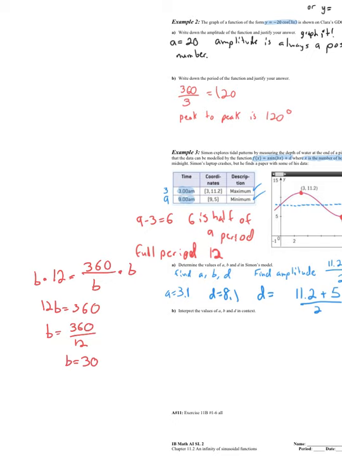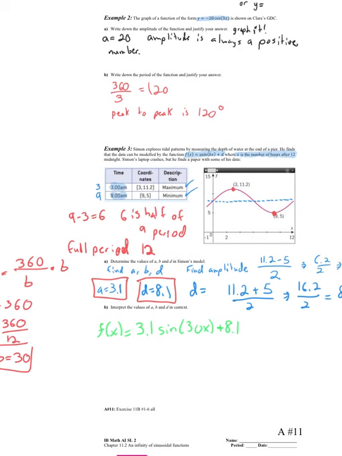Okay, so that's our B value. We got our A value is 3.1 and our D value is 8.1. Now I'm just going to go ahead and write the equation. Let's write it in green here. f of x equals 3.1 sine of 30x plus 8.1.